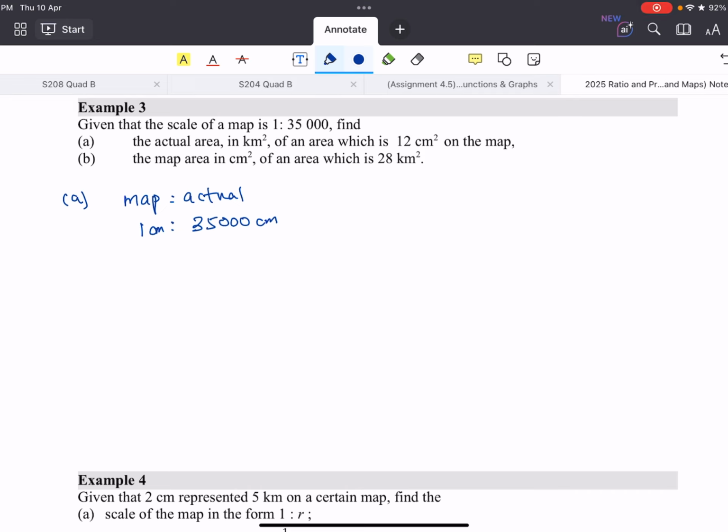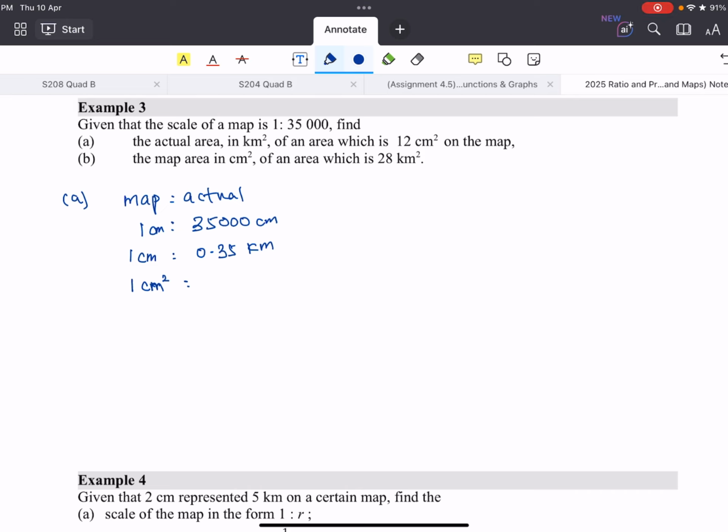And of course, the actual I want it in kilometer, right? So I need to convert this. So 1 centimeter, this one will be 350 meters, so 0.35 kilometers. Then to get the area, I can square it. So 1 square is 1.